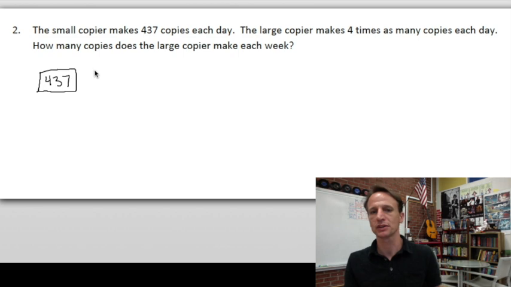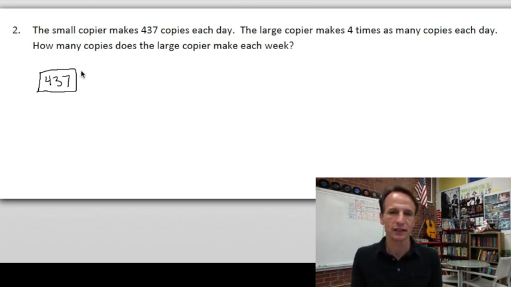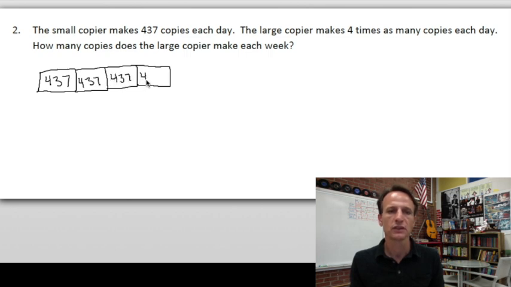Now the large copier is going to make 4 times as many. So we have 1, 2, 3, and 4. That'll be 4 times as many, right? And each of these constitutes 437 copies. Don't be lazy, write it out. I see you thinking about just leaving that.